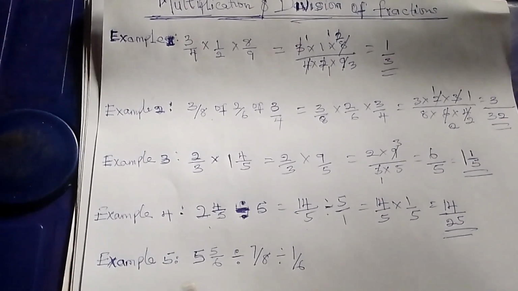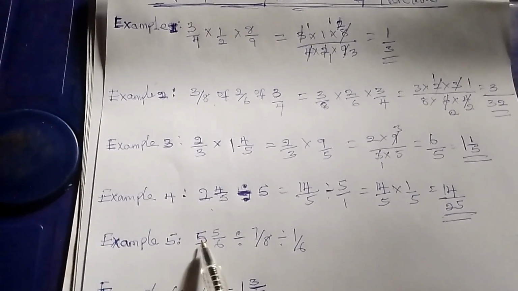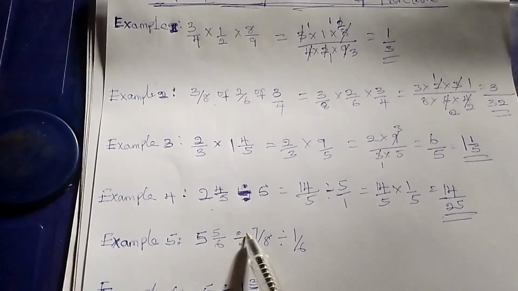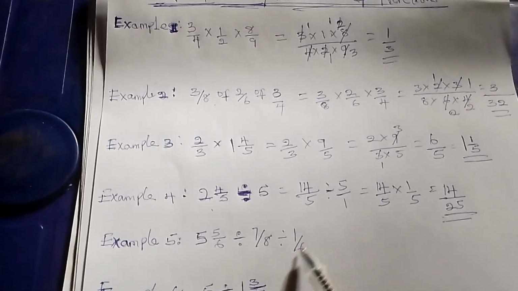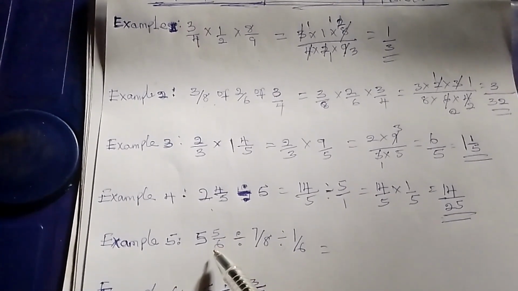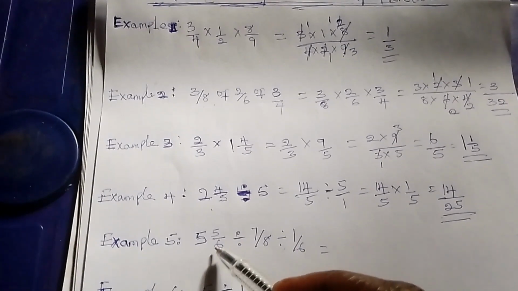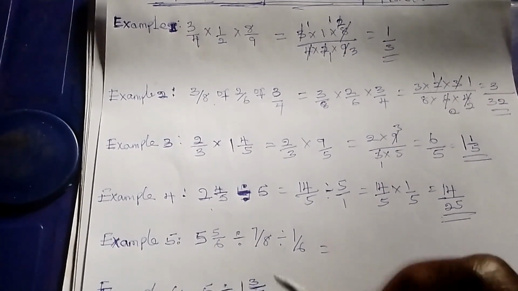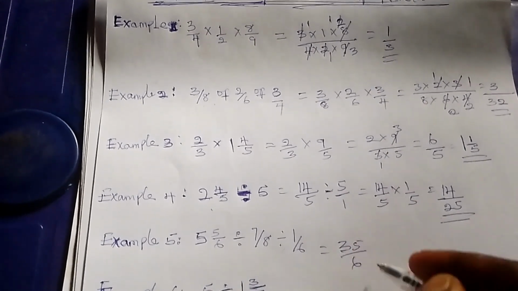Then in example 5, we have 5 whole number 5 all over 6 divided by 7 over 8 divided by 1 all over 6. In like manner, we convert this one to an improper fraction, which is 5 times 6 is 30, 30 plus 5 will give us 35 all over 6.